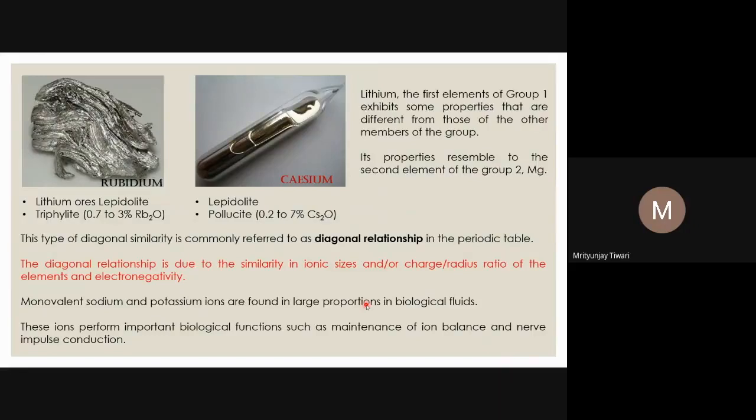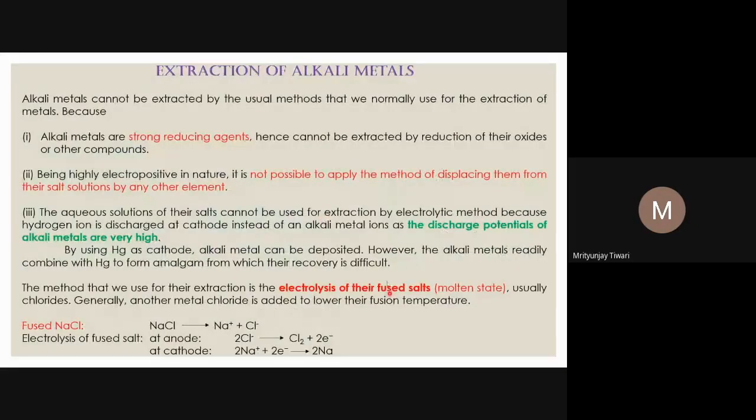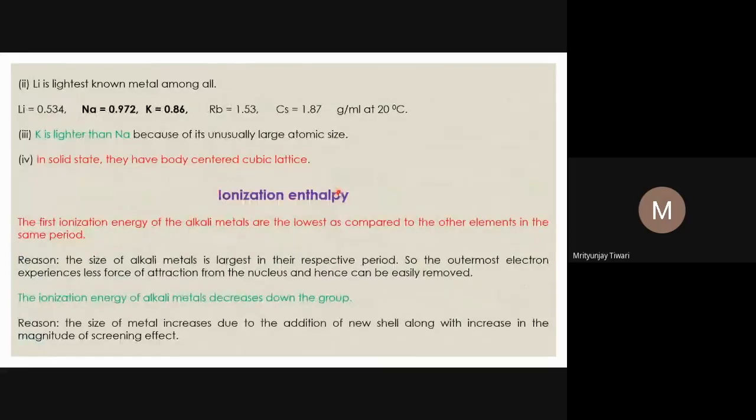Then, a few things that we have seen. We came up to the ionization enthalpy. Ionization enthalpy decreases down the group in alkali metals. Ionization enthalpy is the energy required to remove one electron from the outermost shell.